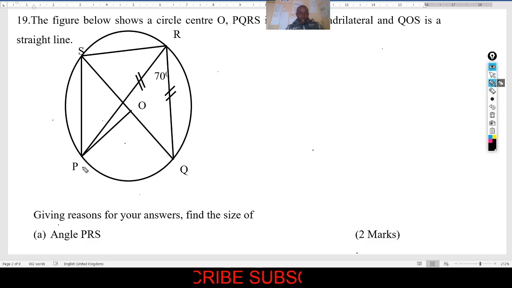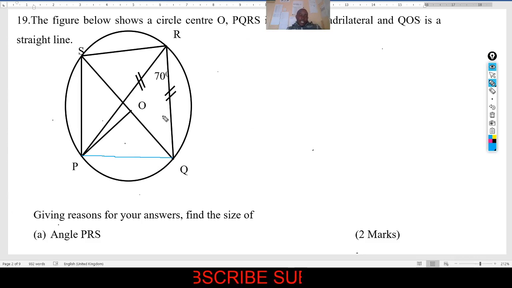The first thing you can do here is just join this. If I join this one, it makes now the cyclic quadrilateral.